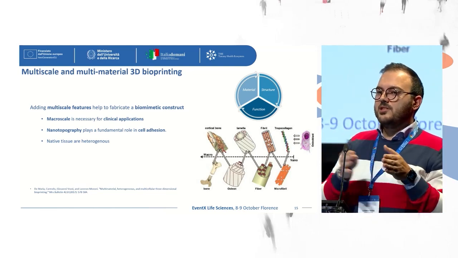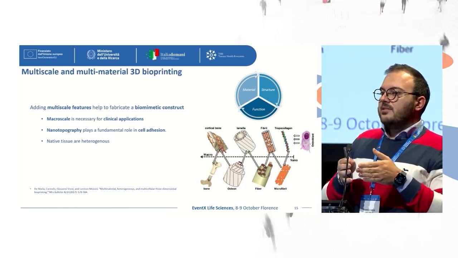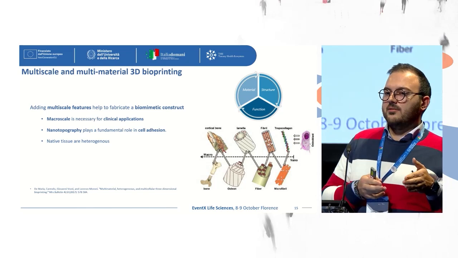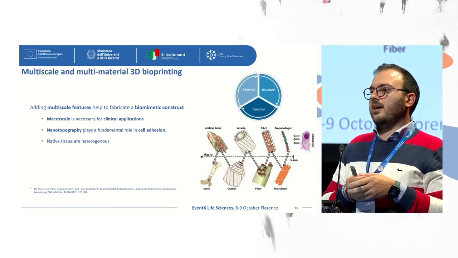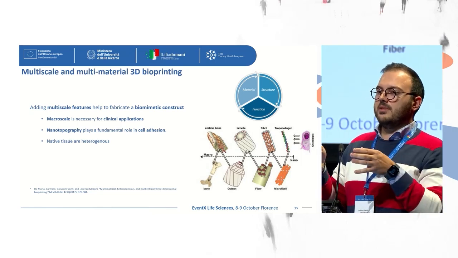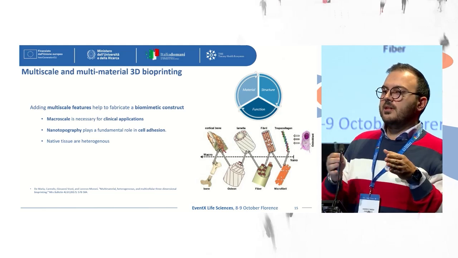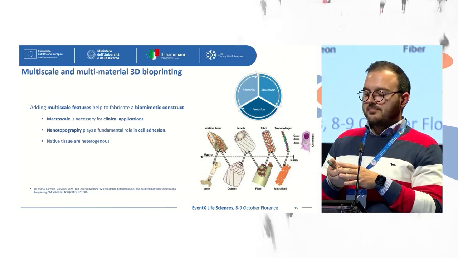We have a transition phase between these tissues that can be easily replicated by combining different technologies, because, for example, we can use the extrusion technology to have precision in the order of hundreds of microns. Then we can use LIFT, for example, to have precision in the tens of microns.